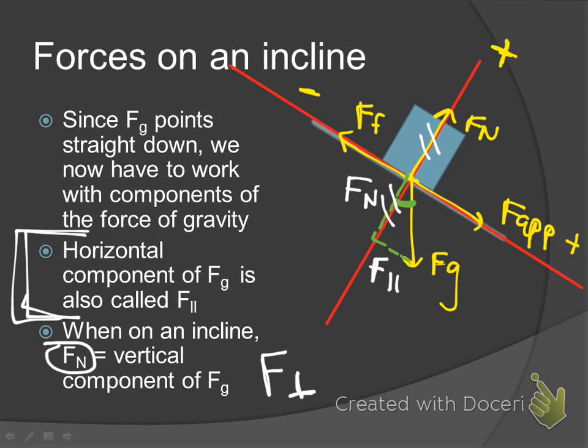Your book might sometimes call it the perpendicular force because it runs perpendicular to the incline or to the x-axis. But we can call it the normal force because we know at normal conditions, or under no other vertical forces applied, that those two forces are going to be equal to each other.